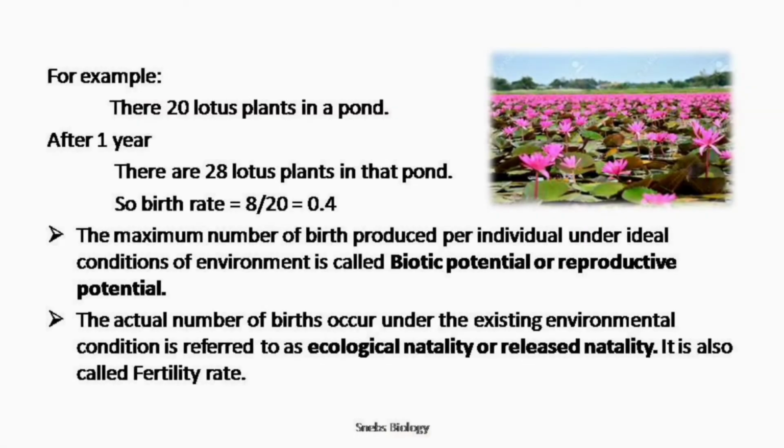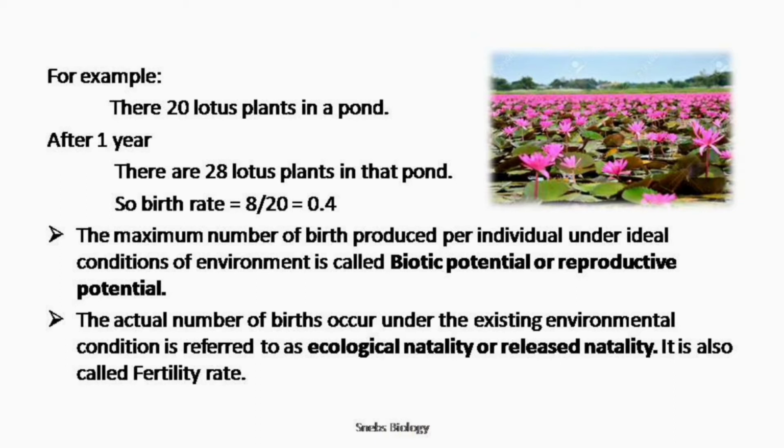Let us take an example. Suppose in a pond there are 20 lotus plants, and in the same pond after 1 year we find that there are 28 lotus plants. That means in 1 year of time there are 8 plants which are newly added. So we want to find out the birth rate or formation rate of this particular organism.